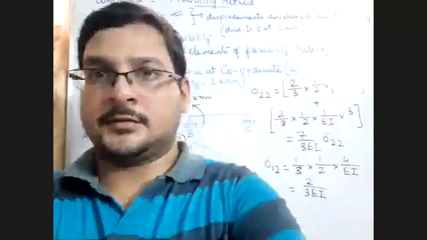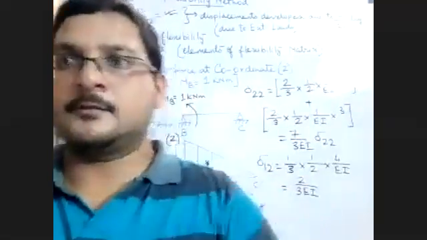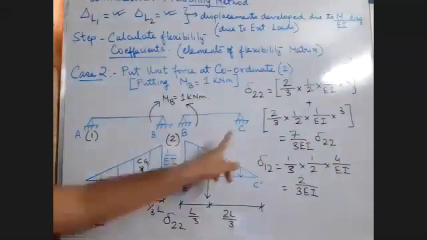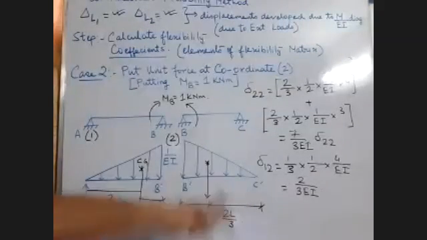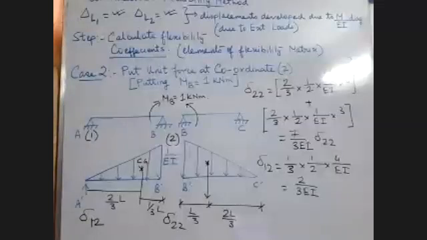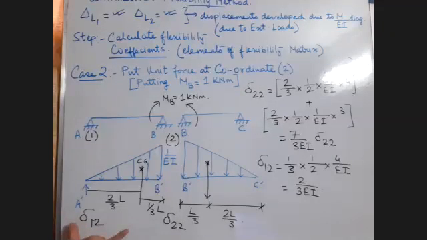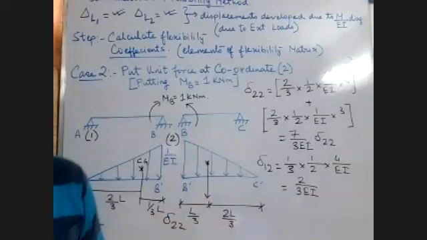So check this out. So delta 1,2, delta 2,2, and delta 1. Please quickly write this down. This one. So if you have understood case 1, you can easily understand case 2.